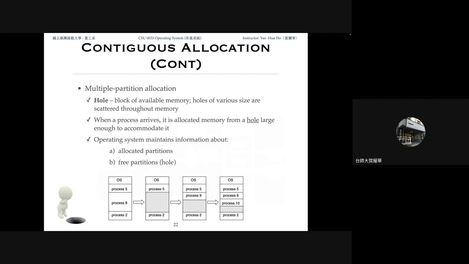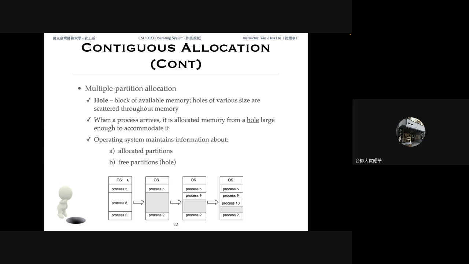In that case, the memory will have what we call a hole, which is a block of available memory of different sizes, scattered throughout memory. When a new process arrives from the new to ready state, it needs to find a hole of free space large enough to fit this process. So the operating system tries to maintain information regarding allocated partitions and free partitions.